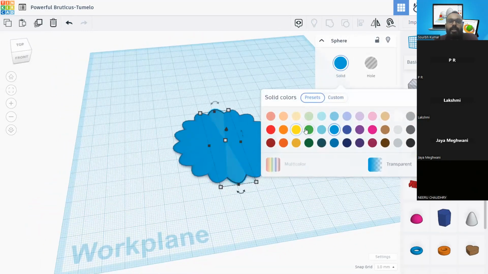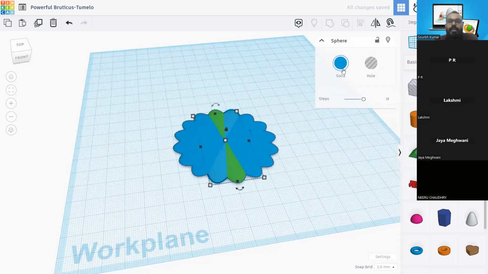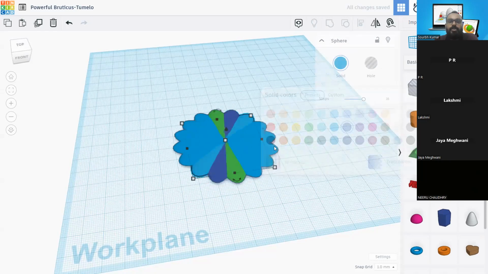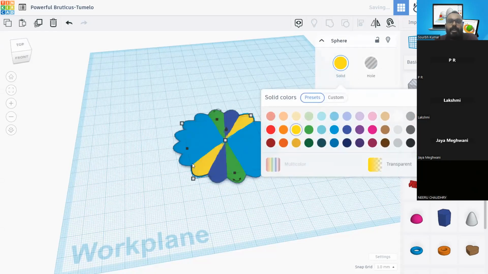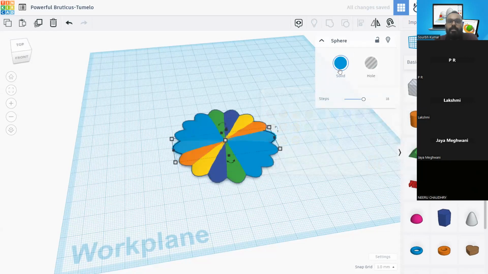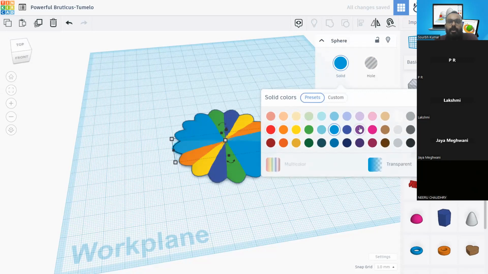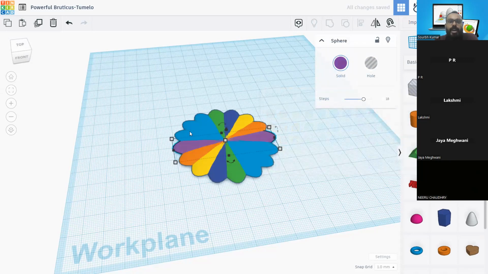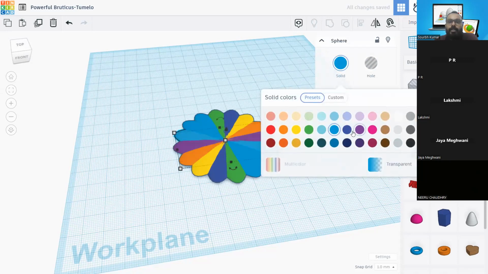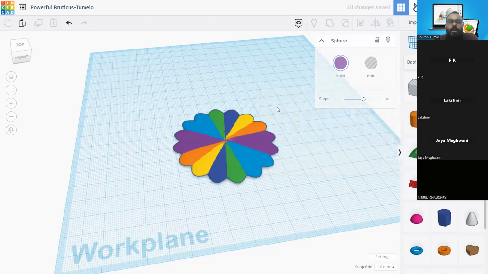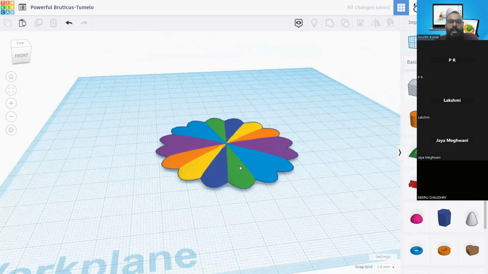Just click on the color to change any petal's color to your desired one so that it looks good. I will go for 3D printing of this object. I'm dragging and dropping the colors here, but the 3D printer won't recognize the colors.